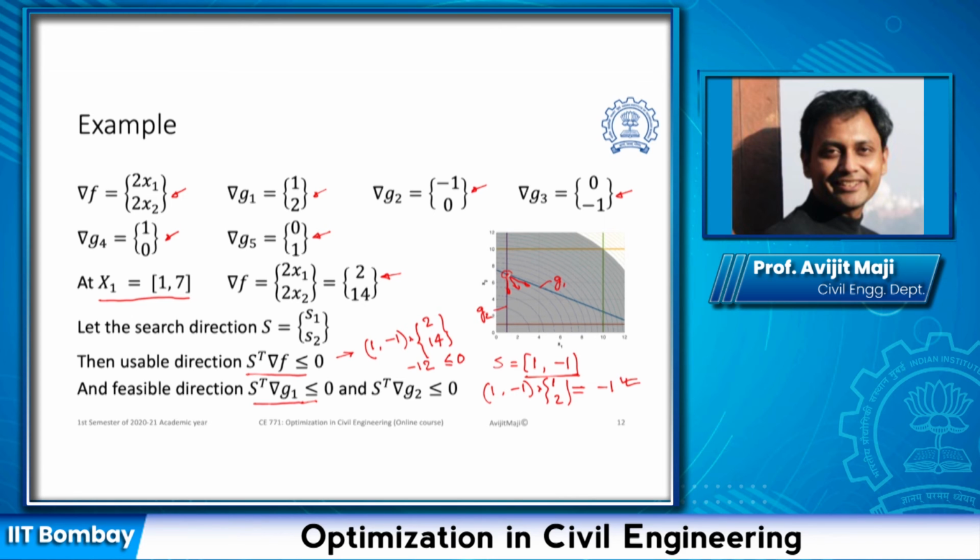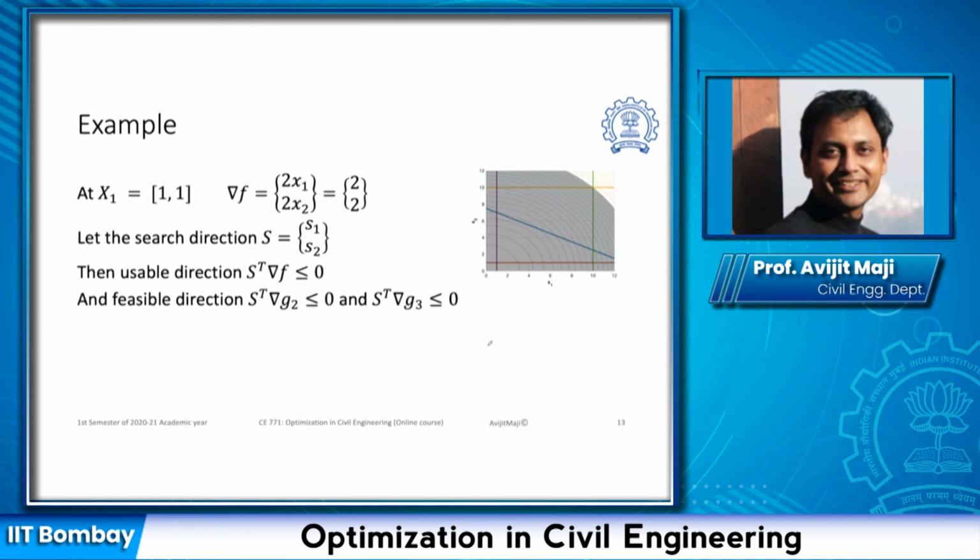Now, if we are at this location, let's see what happens. In this case, if we are trying to find out the value of the gradient of my objective function, it is going to be 2, 2, this vector.